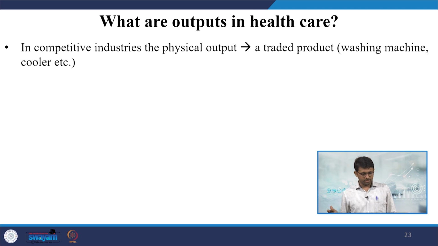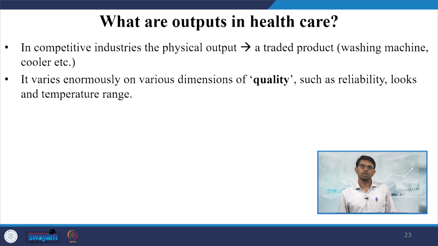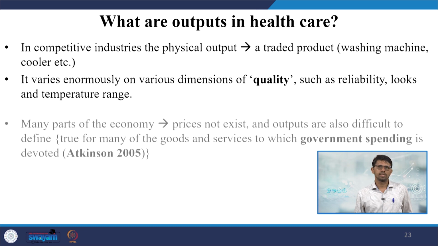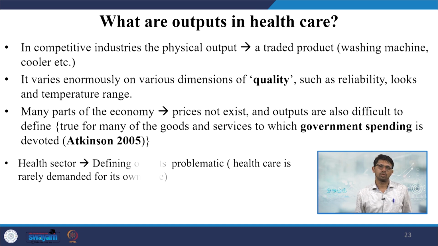In competitive industries, the physical output is basically a traded product, maybe your washing machine, cooler, etc. It varies enormously on various dimensions of quality, such as reliability or look or temperature range, etc. In many parts of the economy, prices do not exist, and outputs are also difficult to define, and this is actually true for many of the goods and services to which government spending is devoted, as mentioned in the Atkinson paper in 2005.